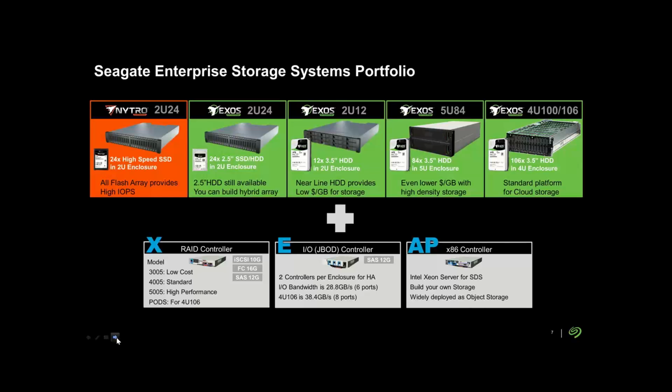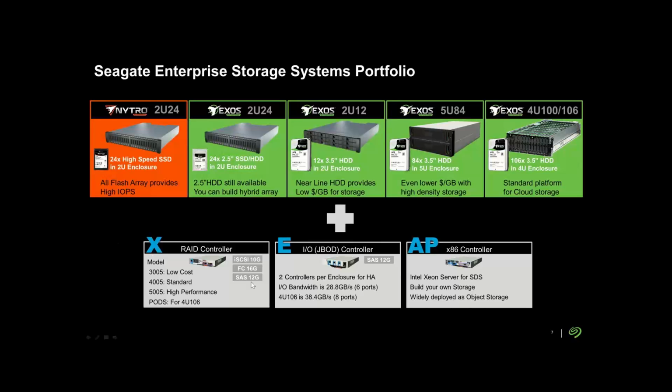High IOPS applications. And we have a product with the Exos name on it. Exos is mostly hard disk drive based storage or a hybrid. That means it's either hard drive based storage or a hybrid storage, which can utilize a little bit of SSD to provide better performance, right?